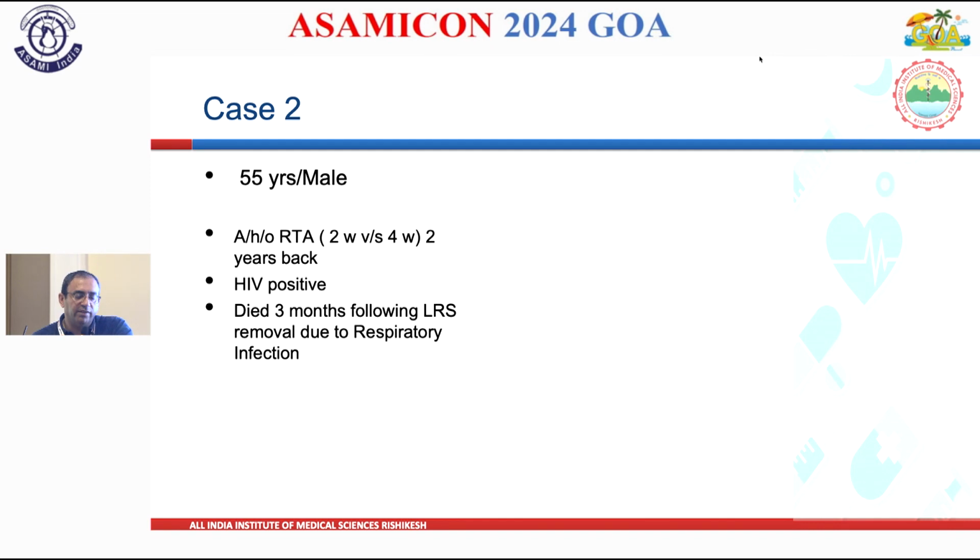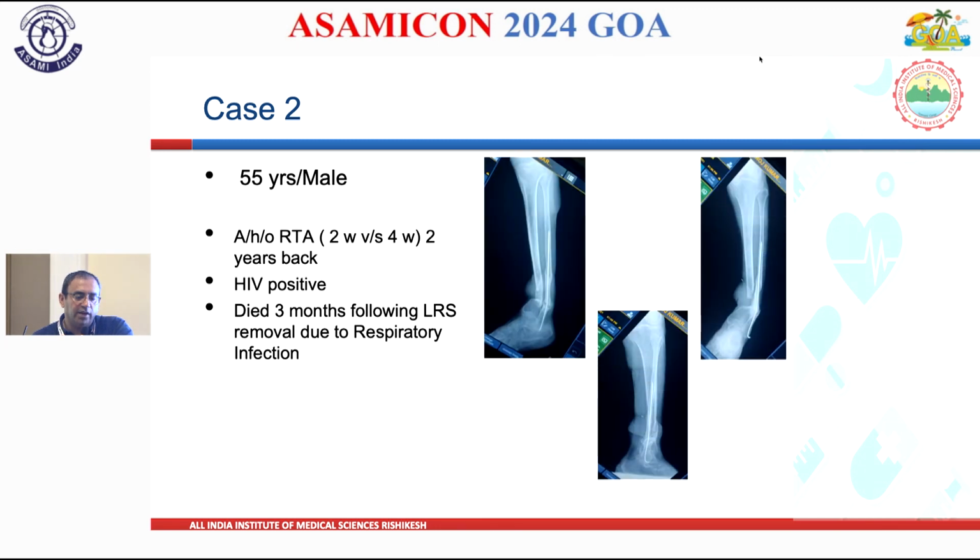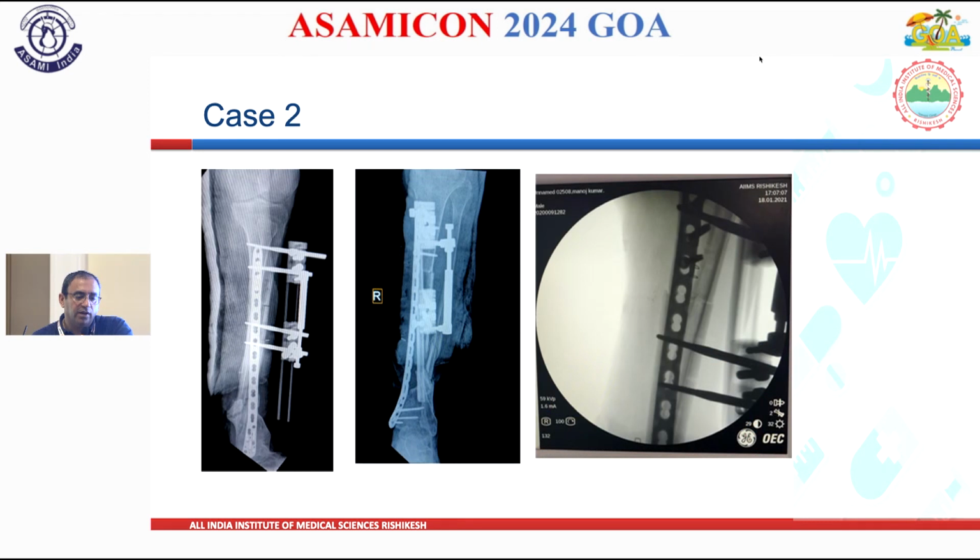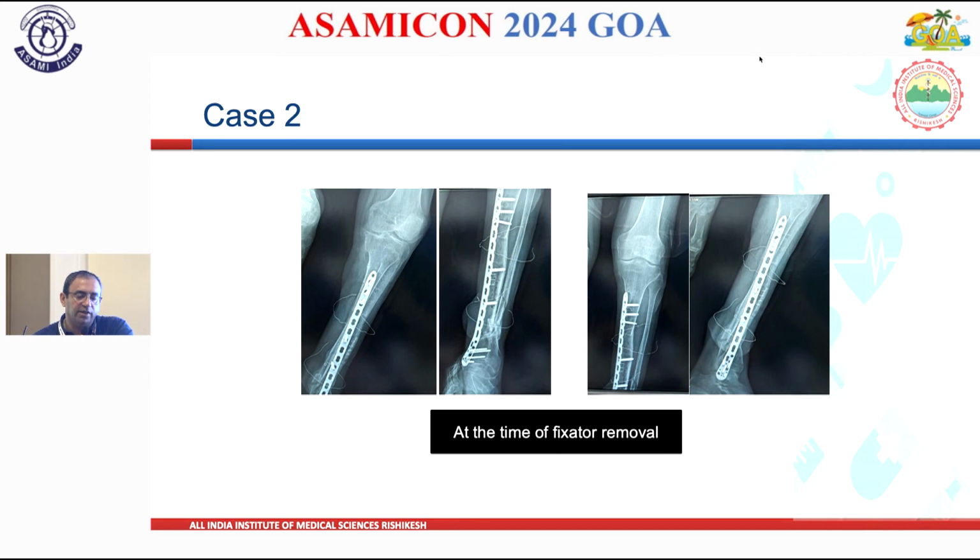Another case is a 55 years old male. He was a viral positive case. He later died because of respiratory complications. He had a bone gap in the distal part of the tibia. We applied a medial side plate and an LRS on the opposite side, on the lateral side. We transported this bone down to the distal part and fixed that segment with the help of screws and waited for consolidation.